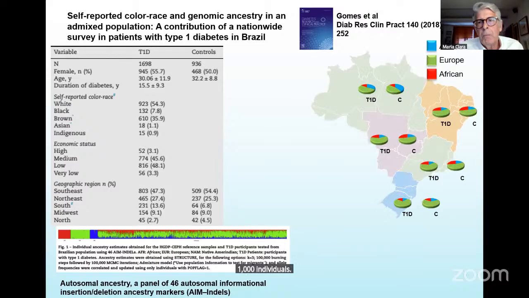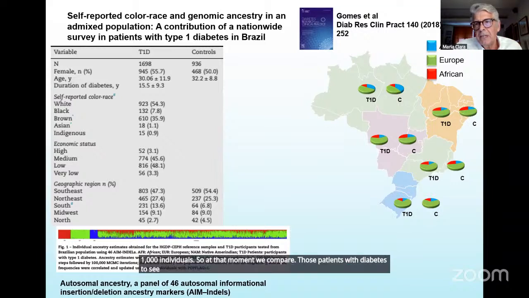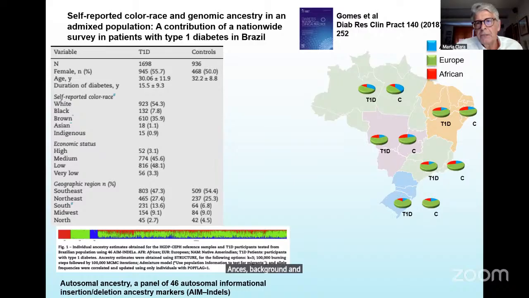So at that moment, we compared those patients with diabetes to see if they have a different ancestry background, and also a different background from their auto-declaration. The difference was already known: we have different proportions of auto-declaration in the northeast compared to the south and southeast.